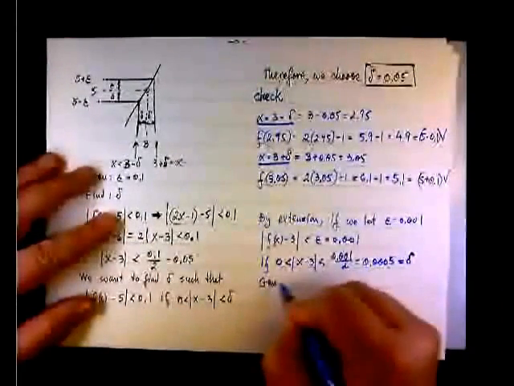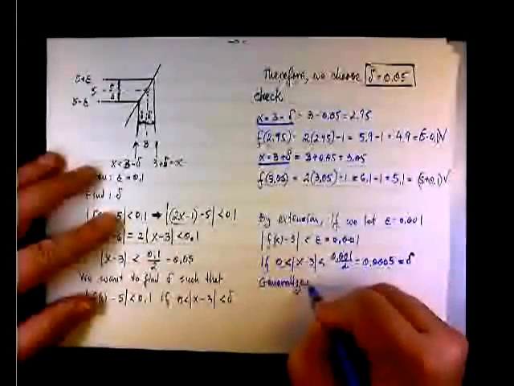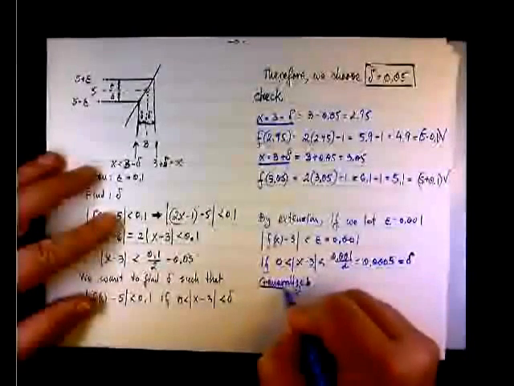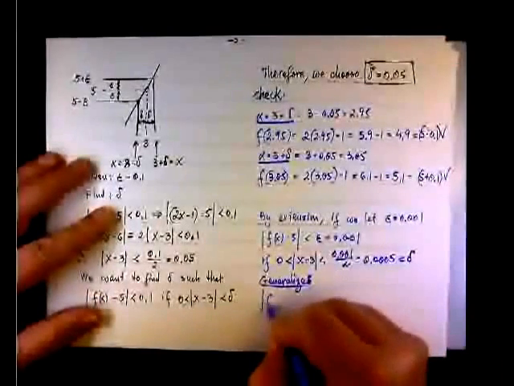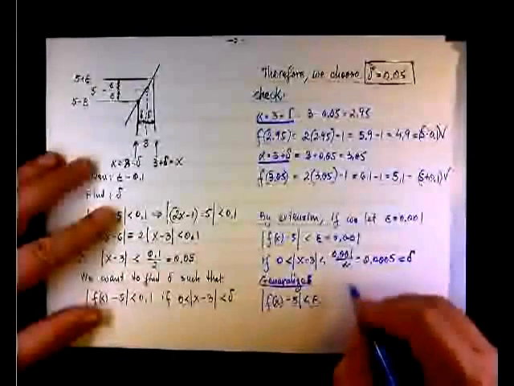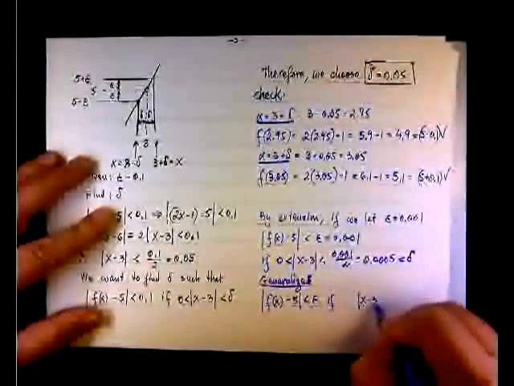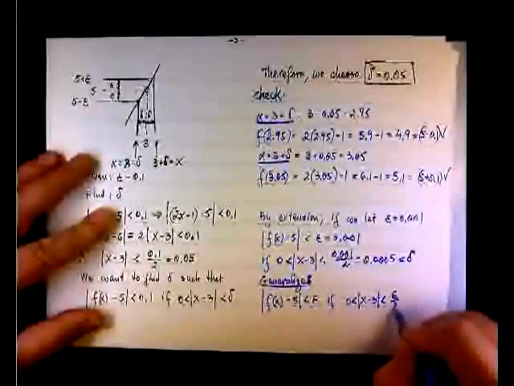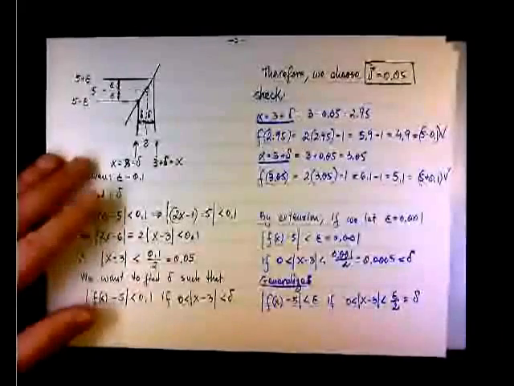Okay? And if we generalize it, just generalize, okay, for any epsilon, or if we have the absolute value of f of x minus 5 is less than epsilon, we're going to say that if the absolute value of x minus 3 is less than epsilon over 2 equal delta, like so.